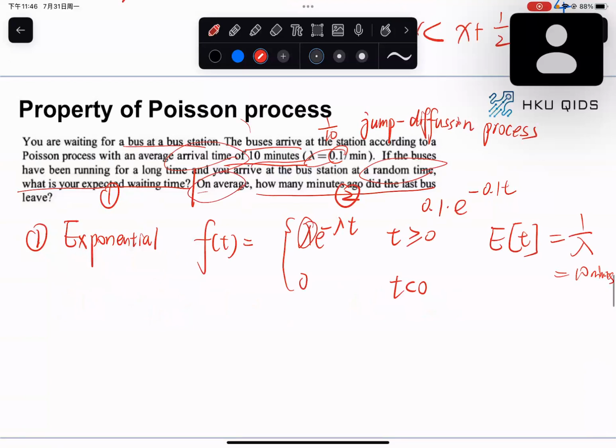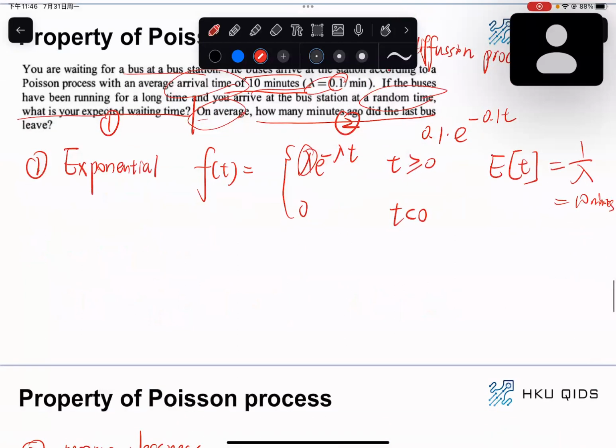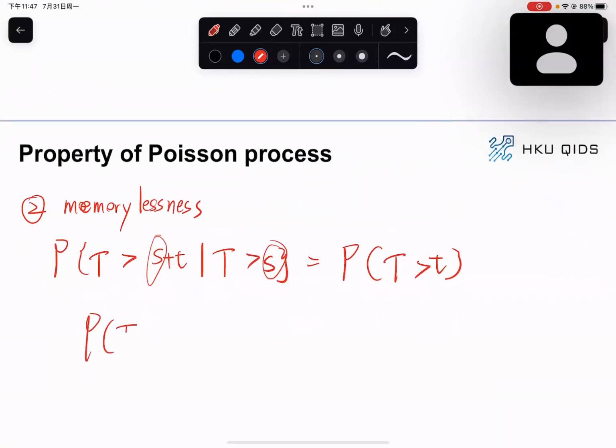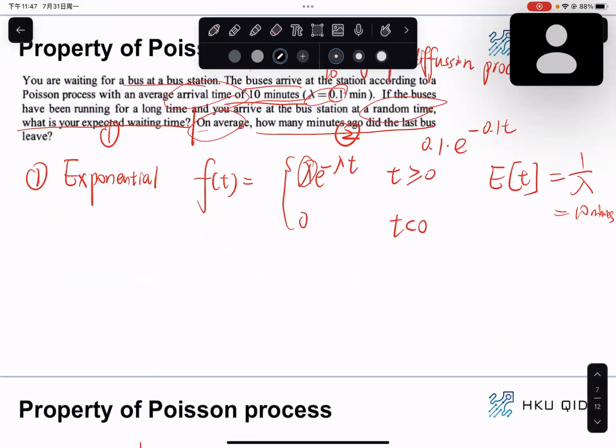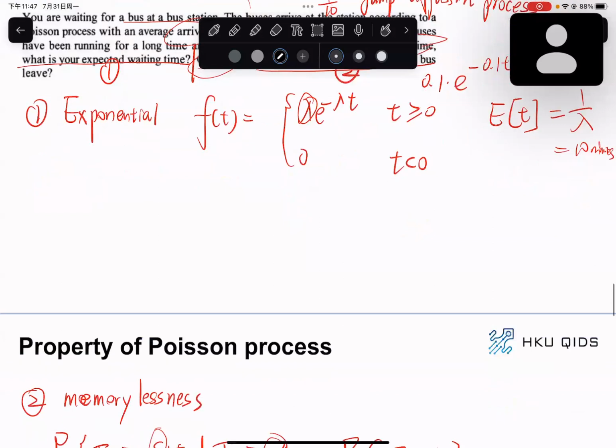Basically, we are asking for the expected time since the arrival of the last bus. According to memorylessness, it is the same as our expected waiting time for the next bus. So again, it is going to be 10 minutes as well.